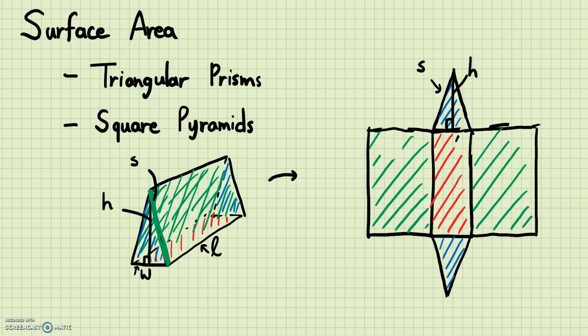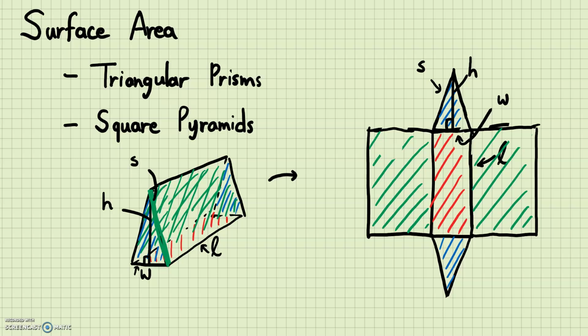This right here is the W, and this right here is the L. Now to find the area of the blue triangles, remember for triangles the formula is base times height divided by 2.